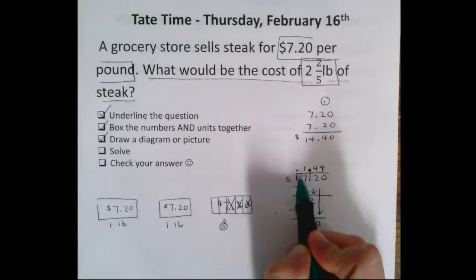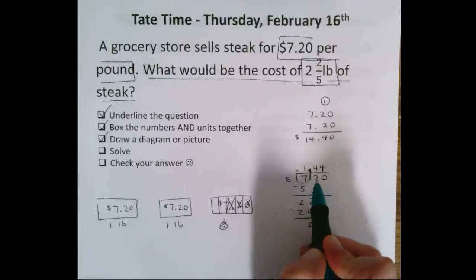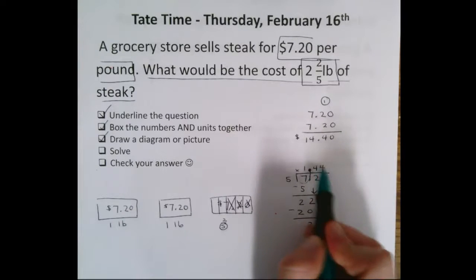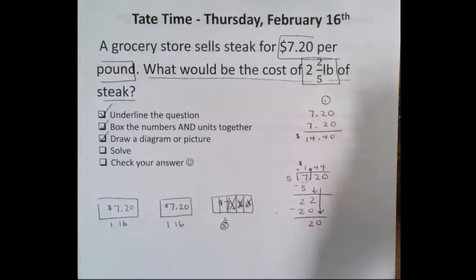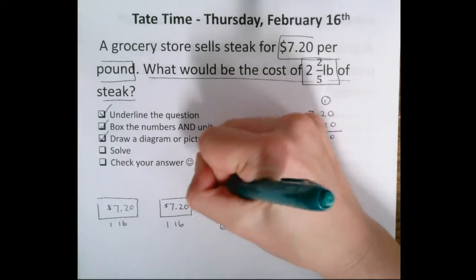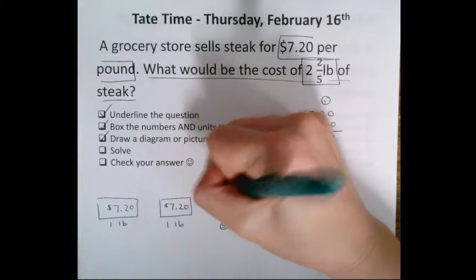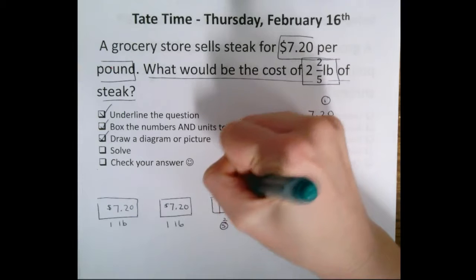Also here I split up the dollars. That's why there's one group of 5 in 7. Here I split up the rest, which is why it's going into the tenths and hundreds place. So I get $1.44. That means that each of these pieces right here is 144, 144, 144, 144, 144.